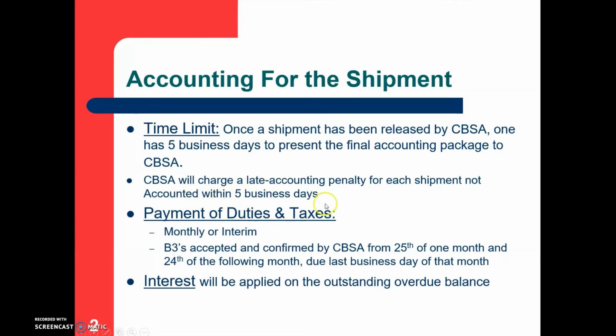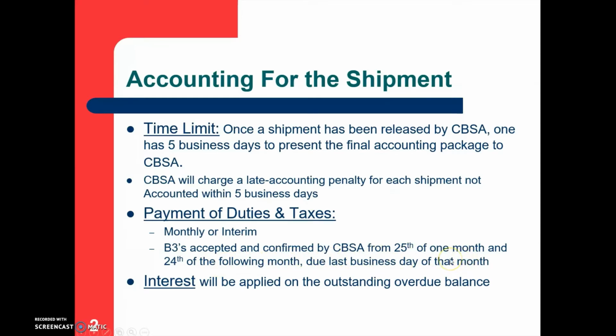The payment of dues and taxes is done every month. It's on the last business day of the month, and the customs broker has to pay CBSA all the B3s accepted and confirmed by CBSA from the 25th of the last month to the 24th of this month.